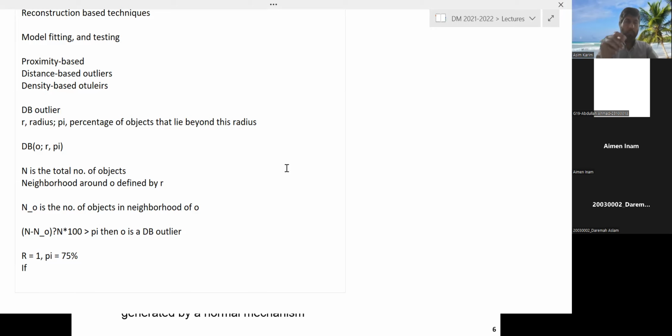But if not, then you will have to visit every other point also, which is n squared. So in the worst case, of course, this is n squared complexity. So most of the clustering algorithms are also n squared complexity. So this is similar to the complexity of clustering algorithms.